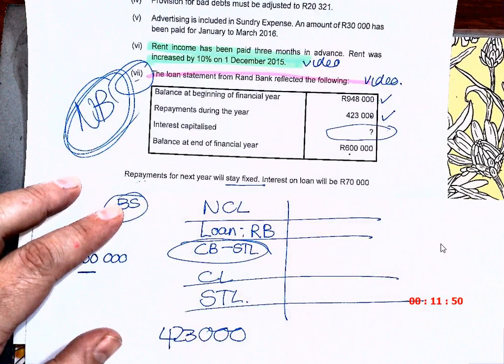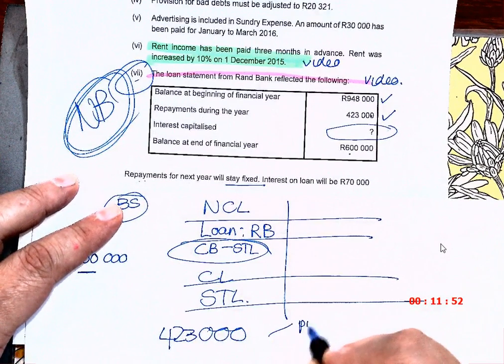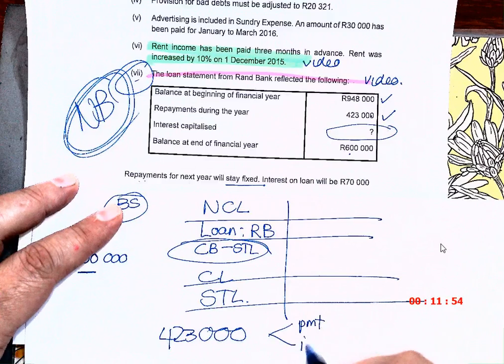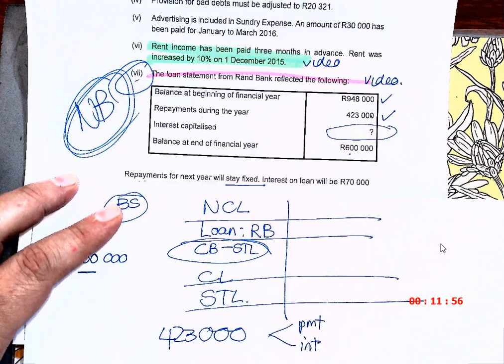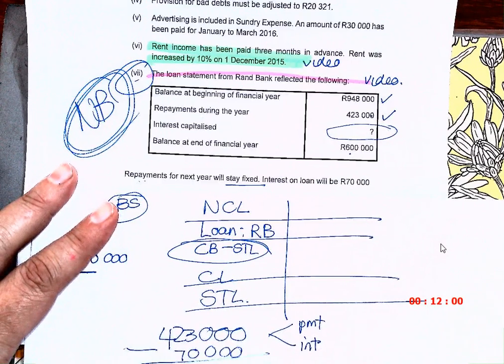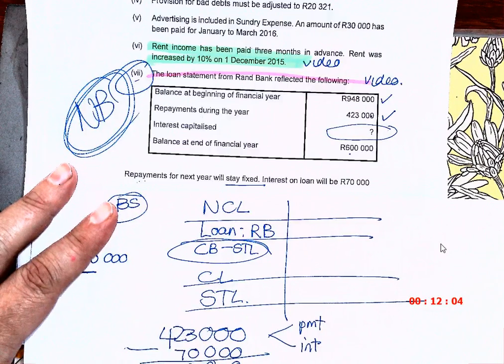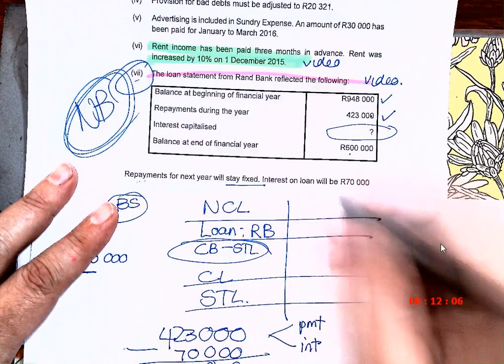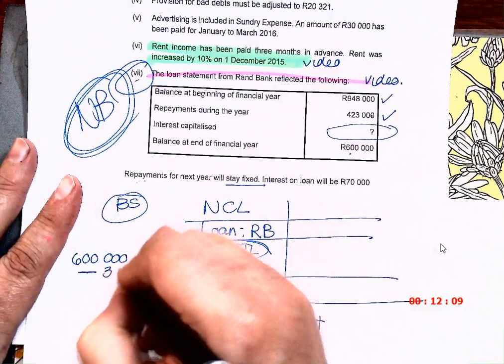So now they say I'm going to still pay back 423. But what do I know? That 423 is the payment on loan and the interest. So now the interest is going to be 70,000. So how much will I pay back next year? Can you see I'm going to pay back 353?